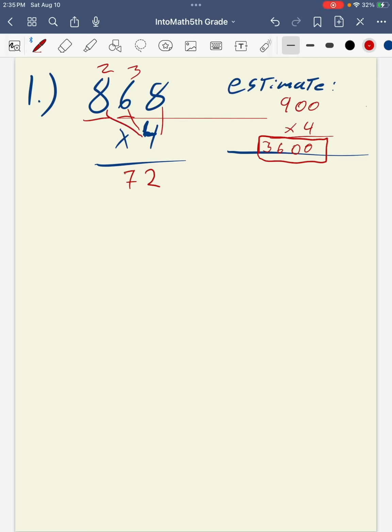Lastly, I multiply by my hundreds. 4 times 8 is 32 again, plus 2 gives me 3,472. While this may not be exactly 3,600, this is a good answer because it is reasonable to think that 900 times 4 would be a little higher than 868 times 4.